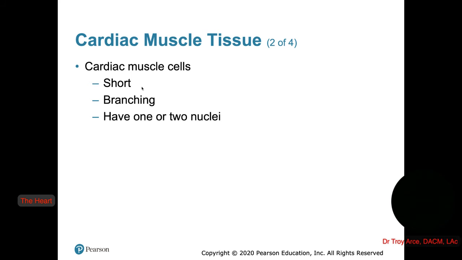Okay. You also have, like I said before, intercalated discs. Under a microscope, you can see them. You also have cross striations. That's how you can tell the difference between cardiac muscle cells and skeletal muscle cells. They're both striated, however, they have their differences.